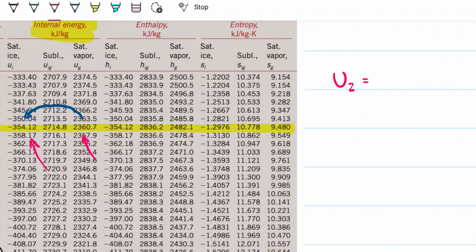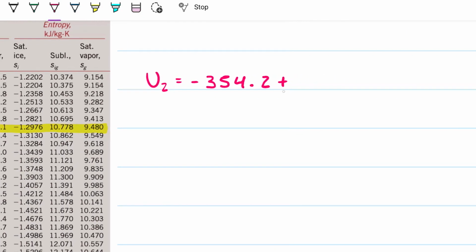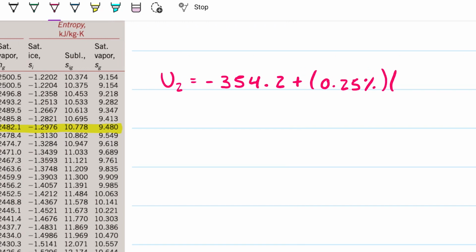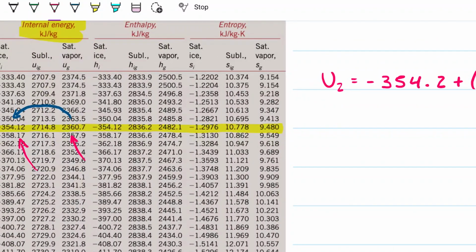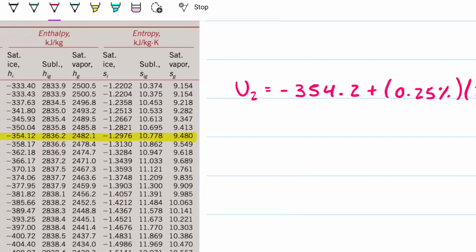So negative 354.2 plus the very small 0.25% times the difference. And the difference there is 2714.8.